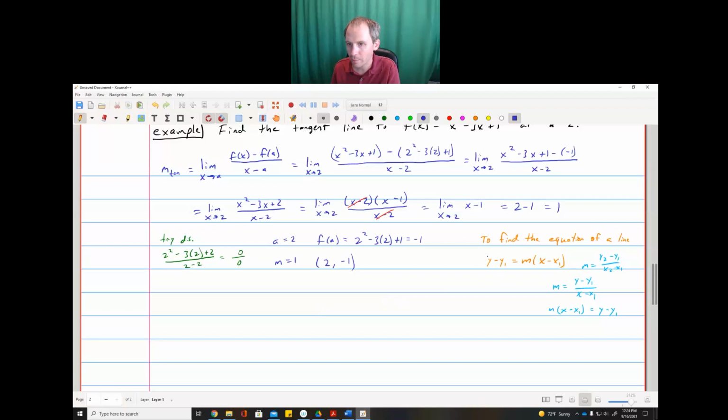And so when I use my point slope equation, think of this as x1 comma y1. And when I plug in, I'm going to get y minus negative 1 equals 1 times x minus 2. So y plus 1 equals x minus 2. When I subtract 1 from both sides, I get y equals x minus 3. So there's my equation of a tangent line.